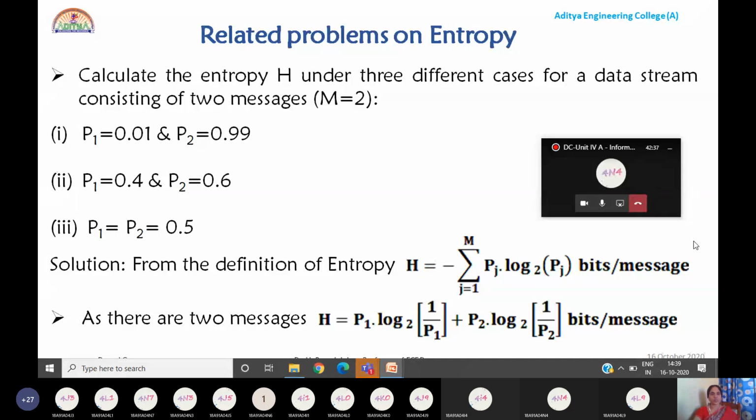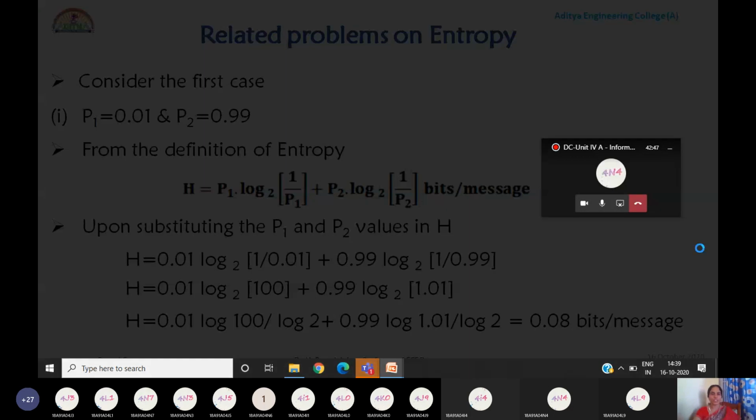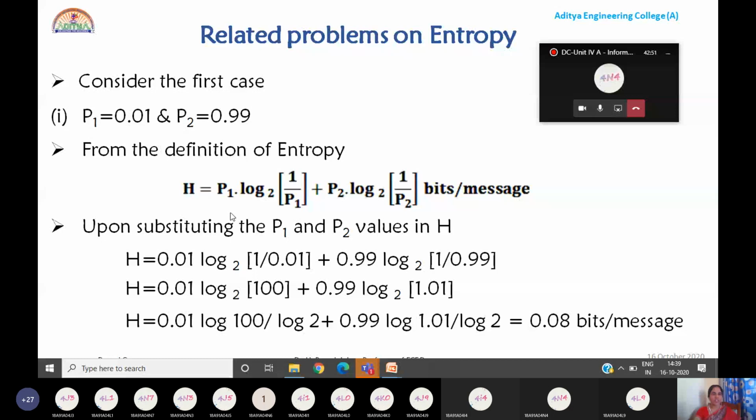Now please substitute P1 as 0.01 and P2 as 0.99. Accordingly, we can calculate the entropy for the three different cases. What is P1? 0.01. P2 is 0.99.